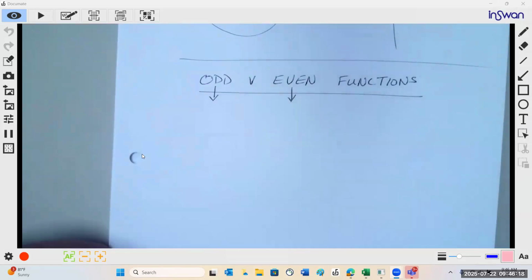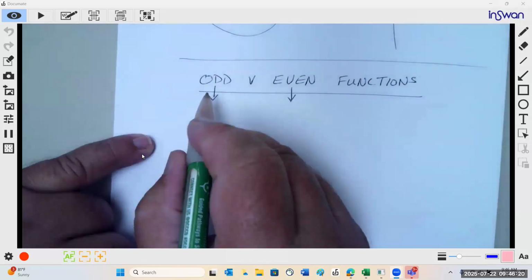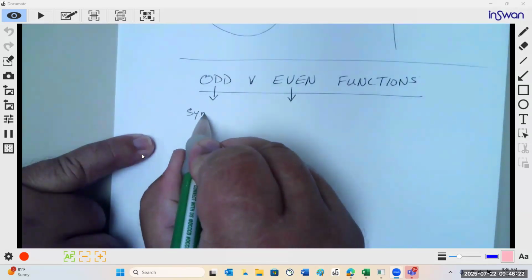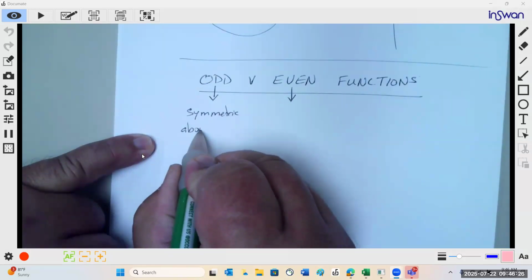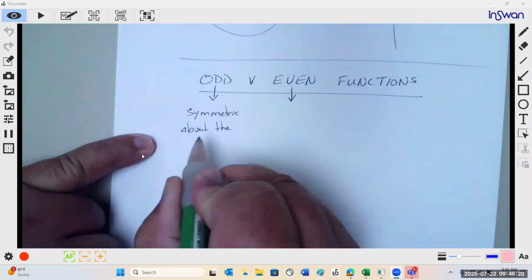With respect to what we talked about, odd functions are symmetric about the origin.